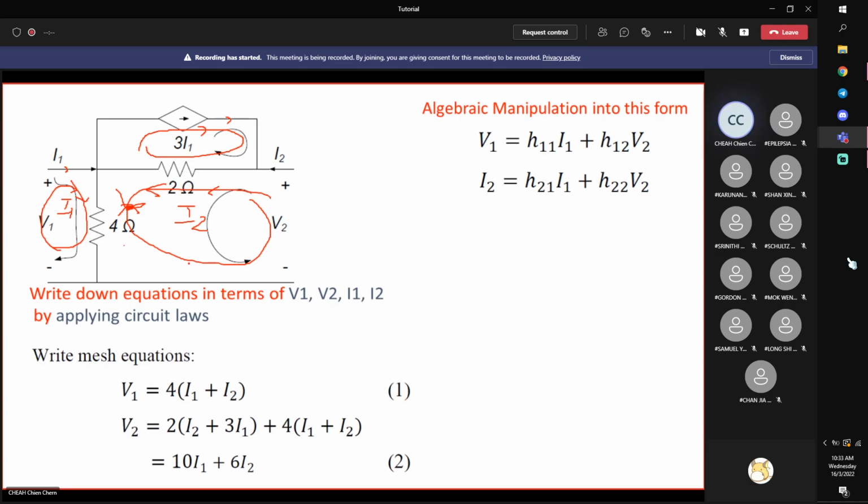For mesh 2, just go through this loop also. Be careful with the current through the 2 ohm resistor. The current flowing through the 2 ohm resistor will consist of firstly I2, plus 3I1.